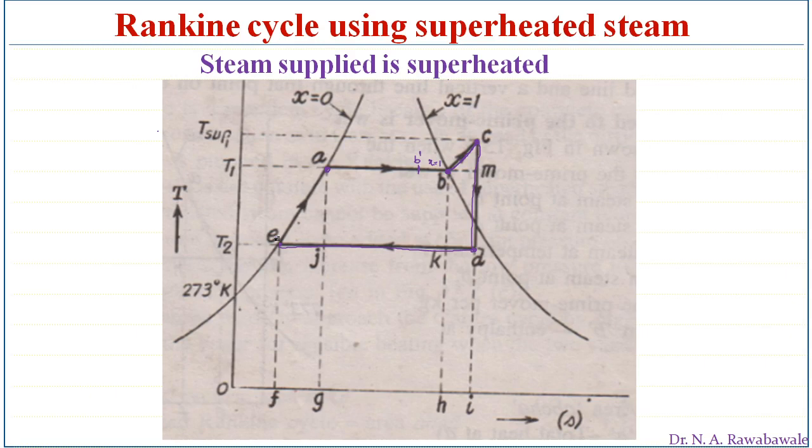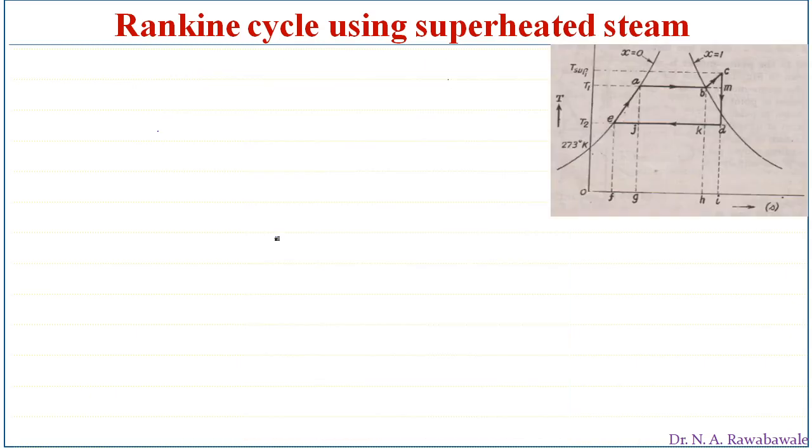In the previous case itself we have discussed the work done, heat supplied and efficiency of Rankine cycle. So today also we will discuss the work done. In this case work is done by steam, from point C to D, where steam is expanded.